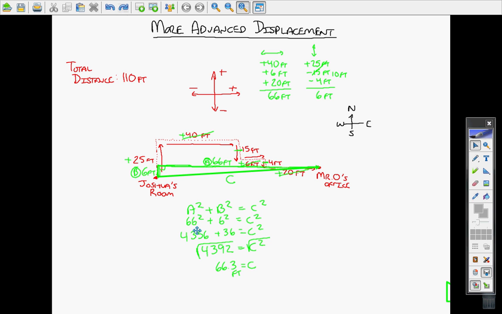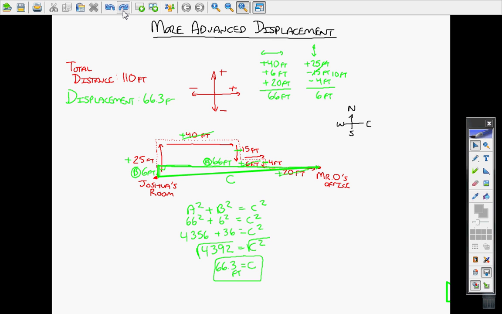And that's because this b squared value just didn't matter that much. It's not a big number compared to this value right here. And so I ended up with a total value for the hypotenuse that's basically what a was, a little bit higher. So I just solved that my displacement is going to be 66.3 feet.